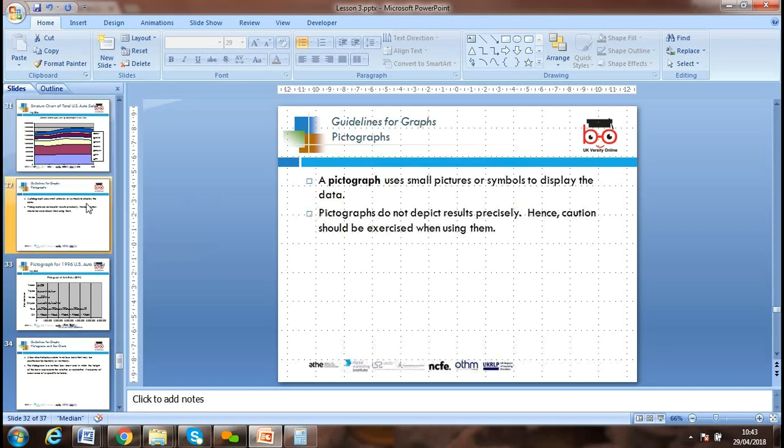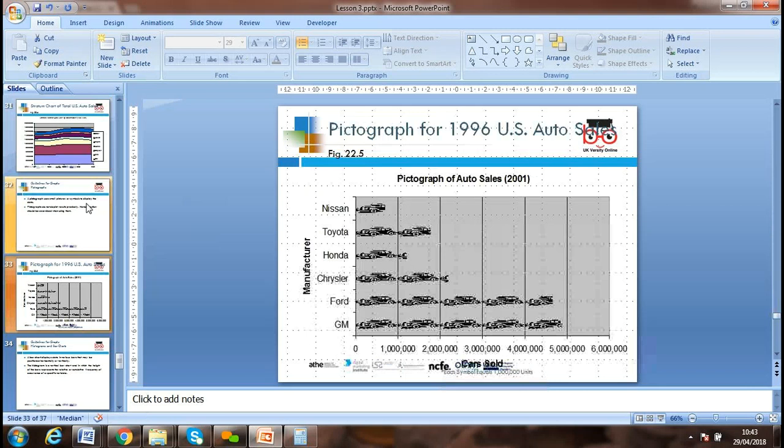Straight and forward. Or do you think this one? Histograph? Which one do you think? Pictograph. Pictograph, yes, that's easy. If it goes straight.